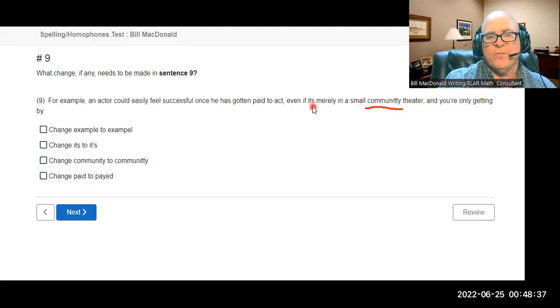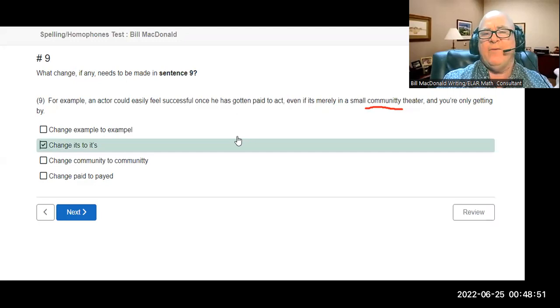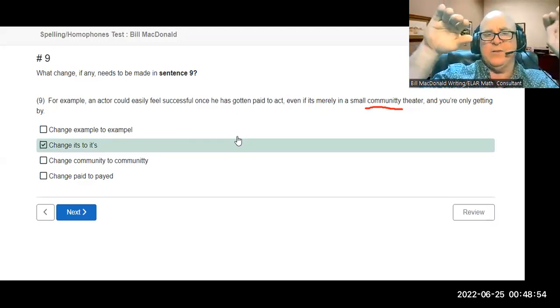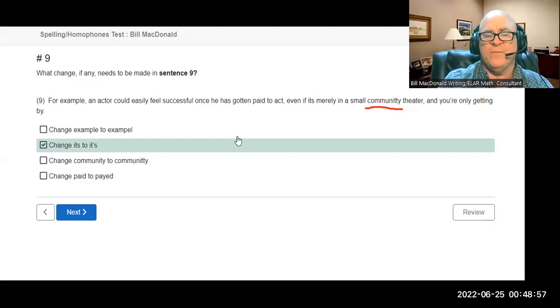It is often mistaken by kids, by its owner is over there. So if I say it's to its, I'd have to say this, even if it is merely in a small community theater. So I can't change something that's not there to something that's there. That was just a mistake on my part. So when you see that final version, that won't be there.